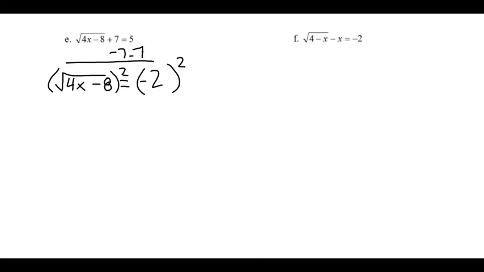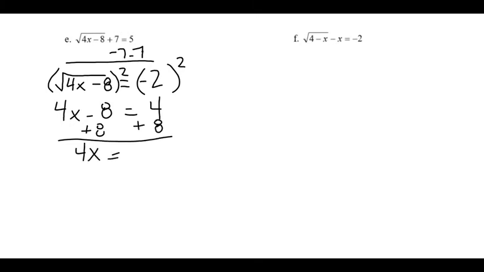So I'll have 4x minus 8 equals 4. Add 8 to both sides. So I get 4x equals 12. Divide by 4. X equals 3.